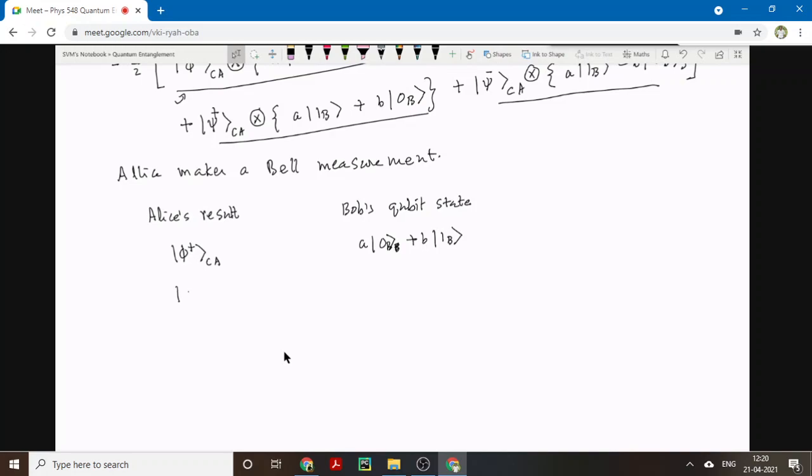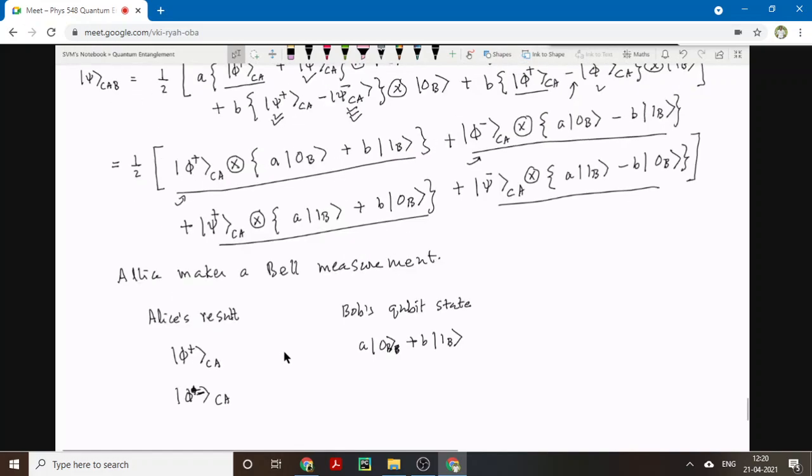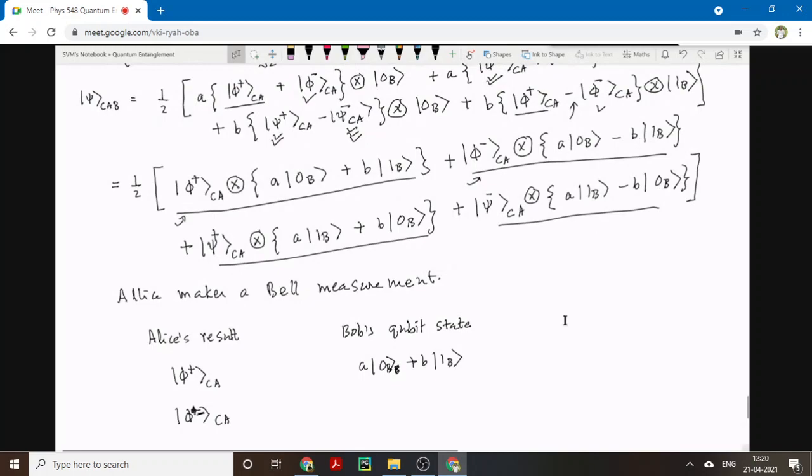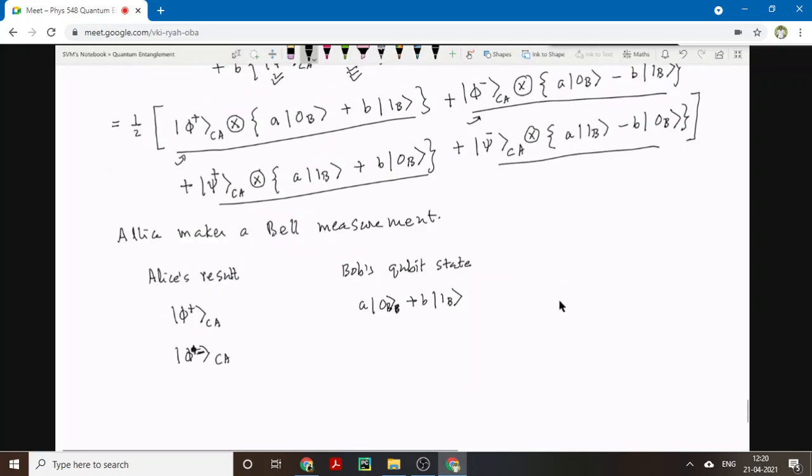Suppose she gets phi minus CA, then you go back and look at the state of Bob, that is A 0 minus B 1.